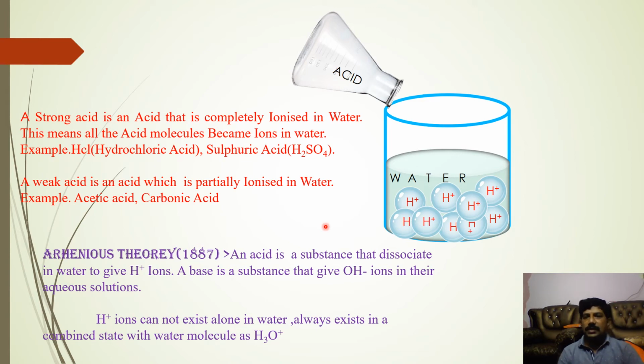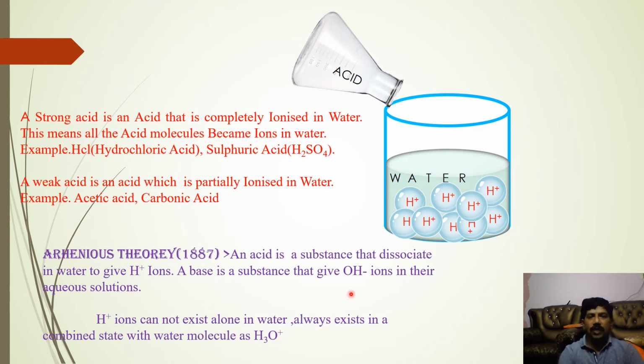Now let us learn what is Arrhenius theory. Arrhenius stated that an acid is a substance that dissociates in water to give H plus ions. At the same time, a base is a substance which gives OH minus ions in their aqueous solutions.